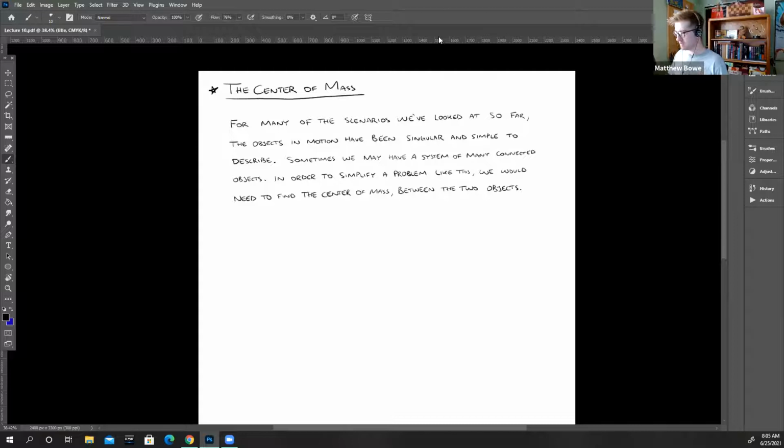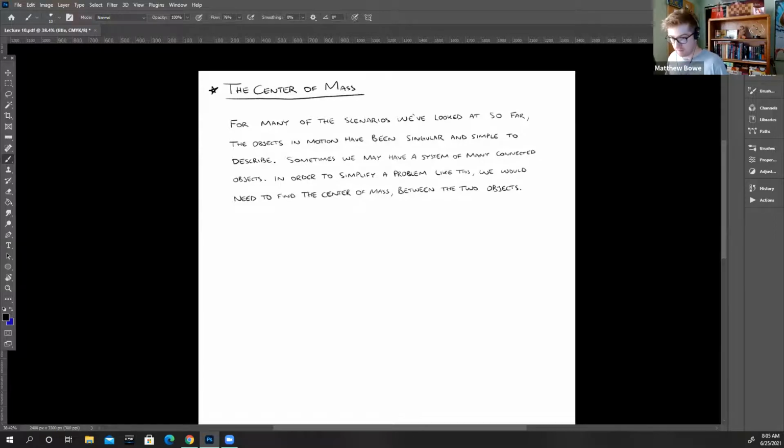What if we want to look at a system of more complex pieces? Maybe there are two large objects that are tied together somehow, or maybe there's an object with an obscure shape. So we're going to find the center of mass.